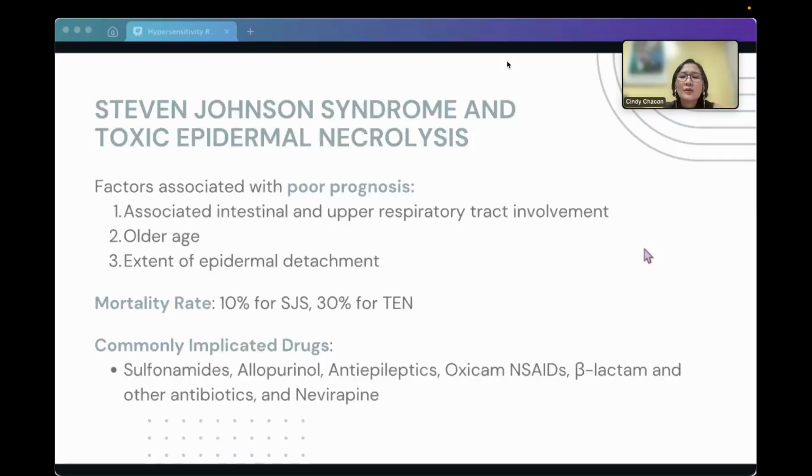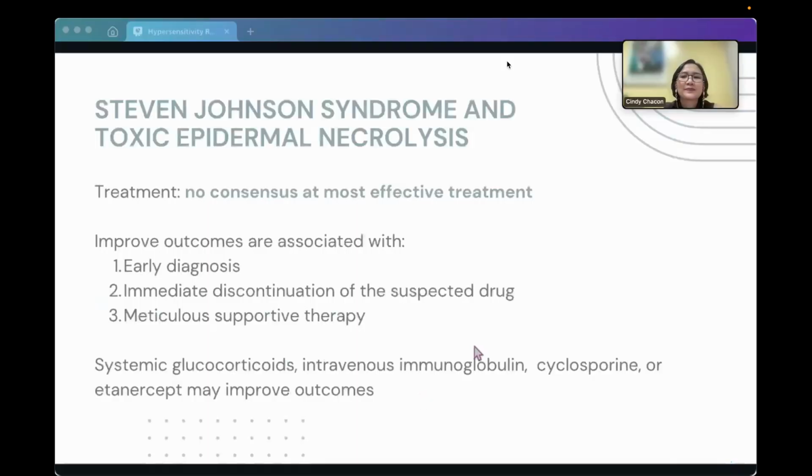Drugs that are most commonly implicated in SJS-TEN are your sulfonamides, allopurinol, anti-epileptics like your lamotrigine, phenytoin, carbamazepine, your oxicam NSAIDs, beta-lactams, and other antibiotics, and your nevirapine. Frozen section biopsy may aid in rapid diagnosis.